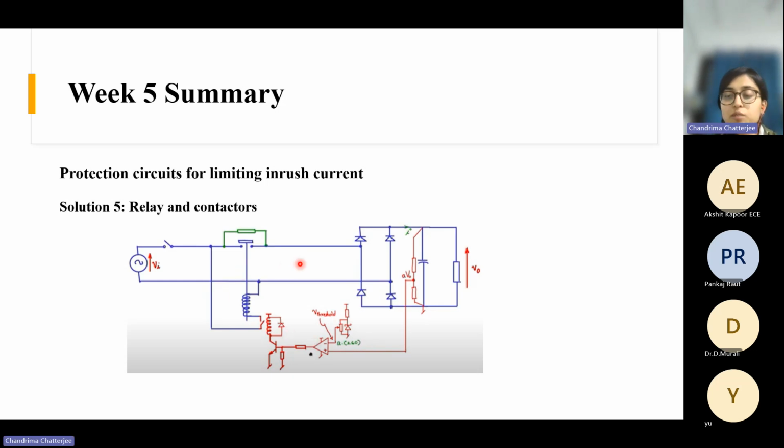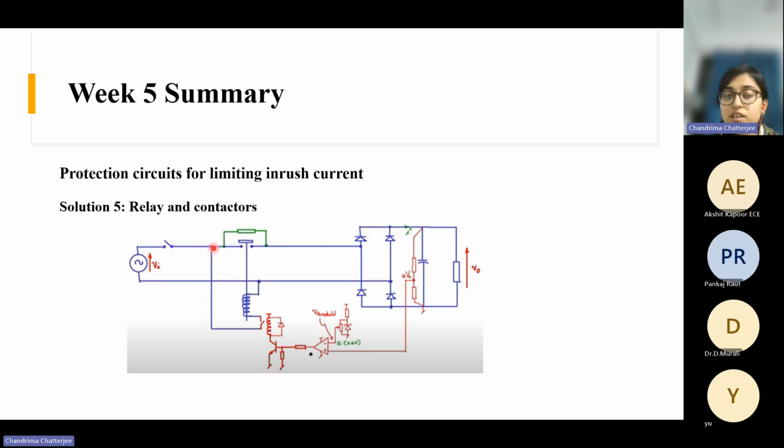So what is our objective? Our objective is to limit this inrush current. When we start this circuit, we want that the current shouldn't be very high so that these devices get damaged. We want to reduce this current. So what was the most simple solution? To add a resistance in the circuit in series with the source.